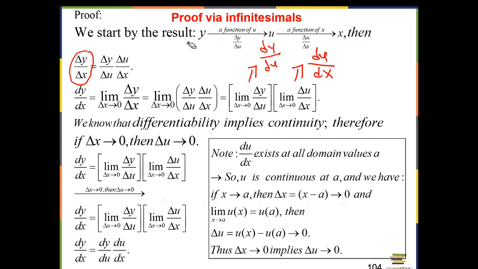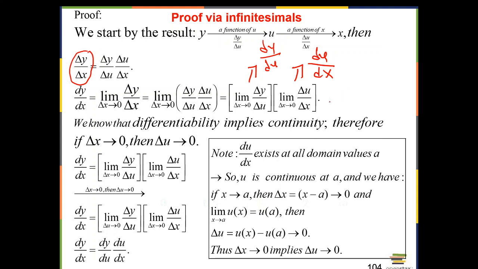Now, the assumption here is that these functions are differentiable. u is a differentiable function. If the inside function is not differentiable, you're not going to be able to find the derivative, right? So du/dx exists. If u is differentiable with respect to x, then we know differentiability implies continuity.